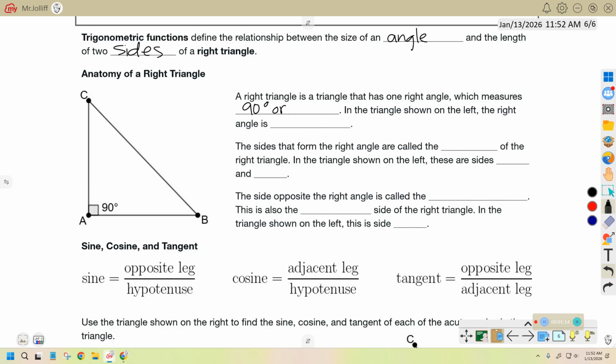Does anybody remember? Radians. I think you're thinking radians. 180 is a flat line. So we have degrees, 90, 180, 270, 360, or radians. And 90 degrees is pi over 2 radians. I don't expect you remember that right now, but we are going to see that end of this week, starting next week.